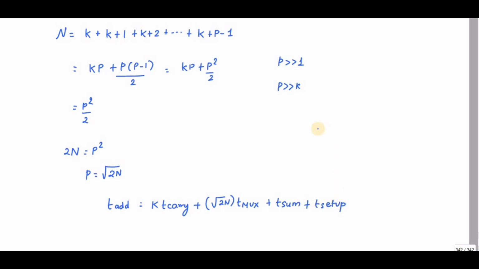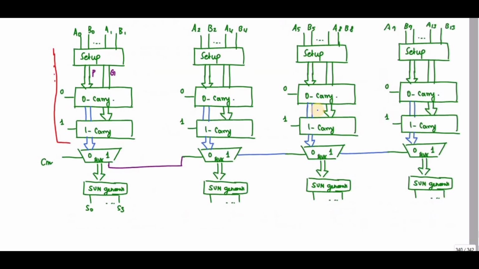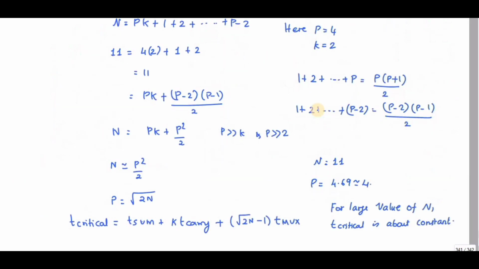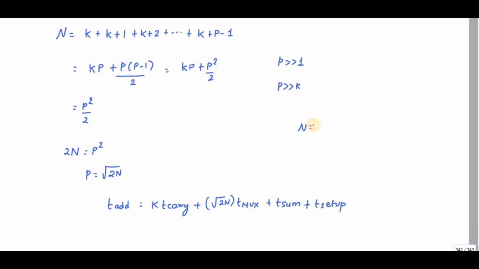Here if the n value is 11, the p value is nothing but 4.